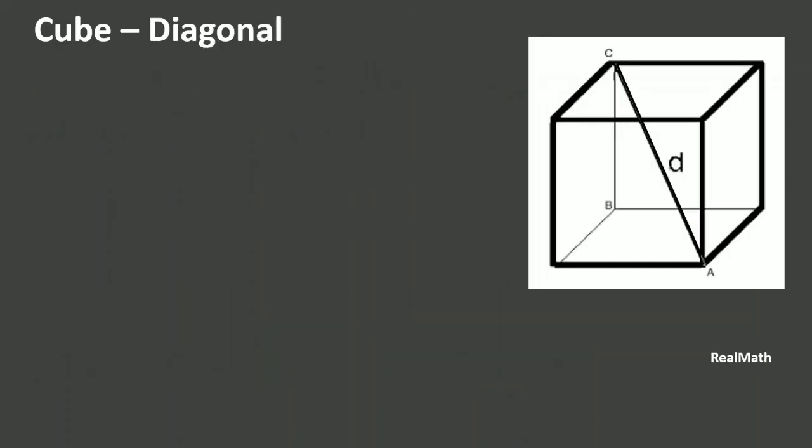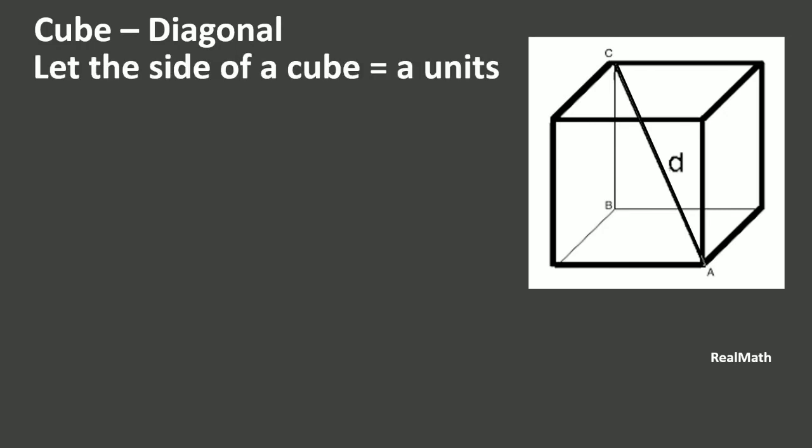Finally, we are going to find out the diagonal of the cube. So we are going to find the length D shown in the figure. Let the side of the cube be equal to A units. Now draw the lines. Now line BC is equal to A and line AB is the diagonal of the square of side A. So we are going to find out the value of AB first.